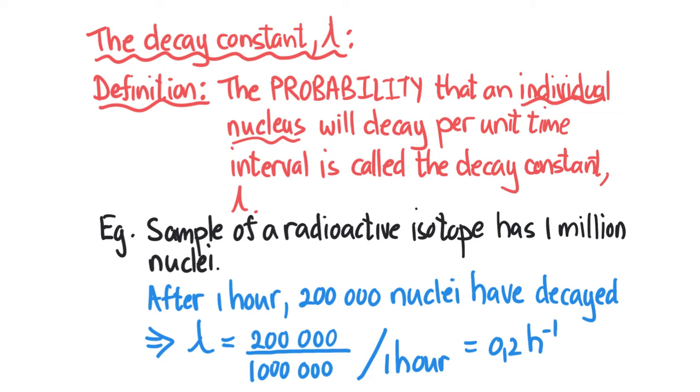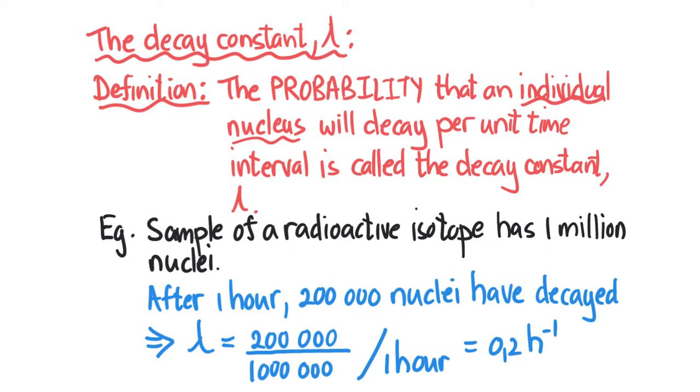So this would mean that lambda, the decay constant, which remember is the probability of an individual nucleus decaying per unit time, we find that there's 200,000 nuclei that decayed out of 1 million. So that's the probability.